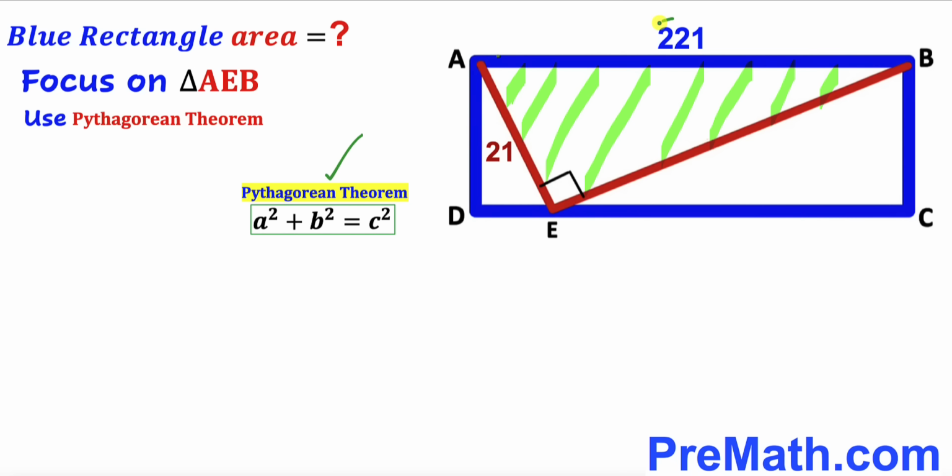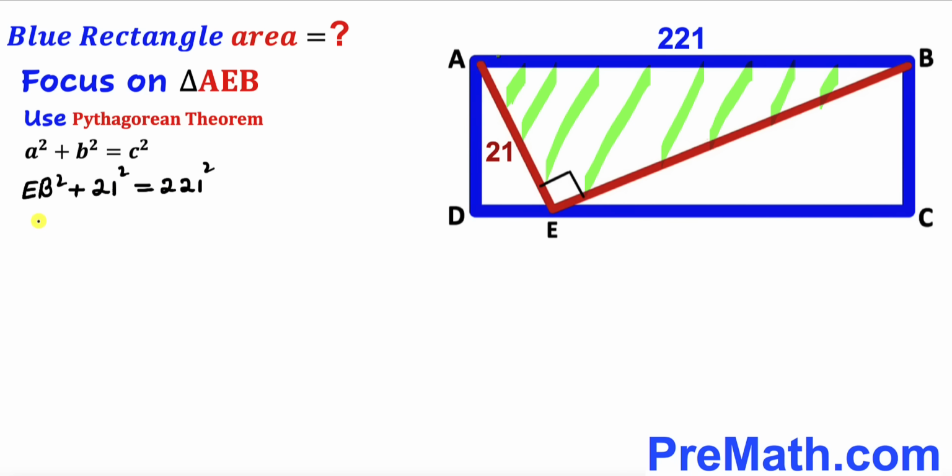Our hypotenuse is 221, whereas the two legs are 21 and EB. Filling in the blanks, we get EB squared plus 21 squared equals 221 squared.